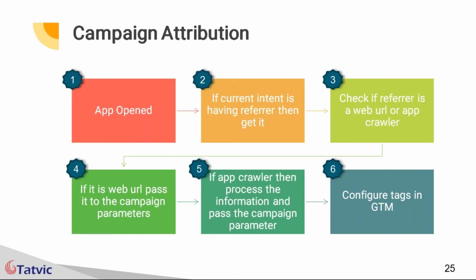You can take advantage of that and consider this traffic as organic traffic if you want. You can search for a typical pattern of package name by which the user has arrived from that app crawler. Then you can pass those parameters to a campaign. And the sixth and most important thing: create or configure tags and triggers in the GTM version 4 container.